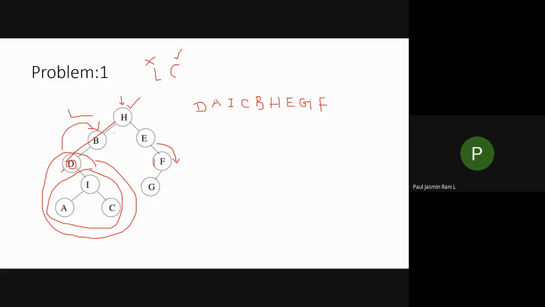See here, in in-order traversal, your root element will be in your middle. Suppose if you have any element, then you can print this one. DAI, CB.